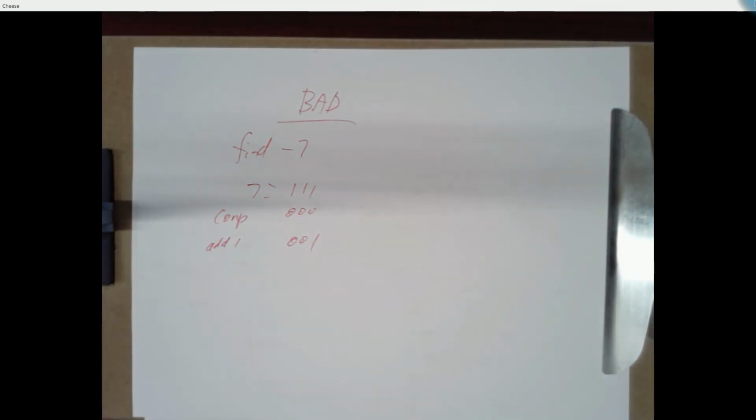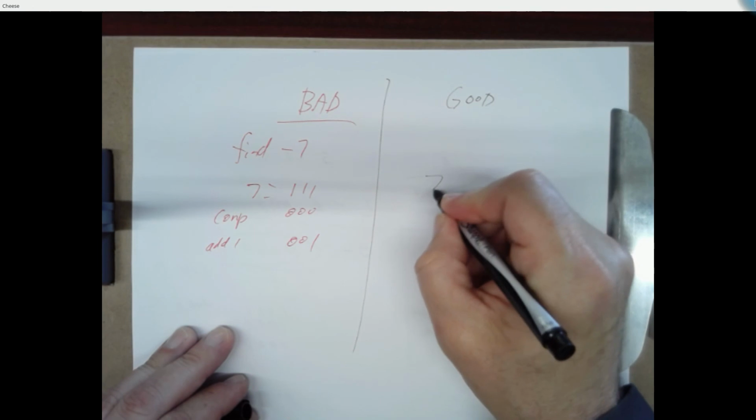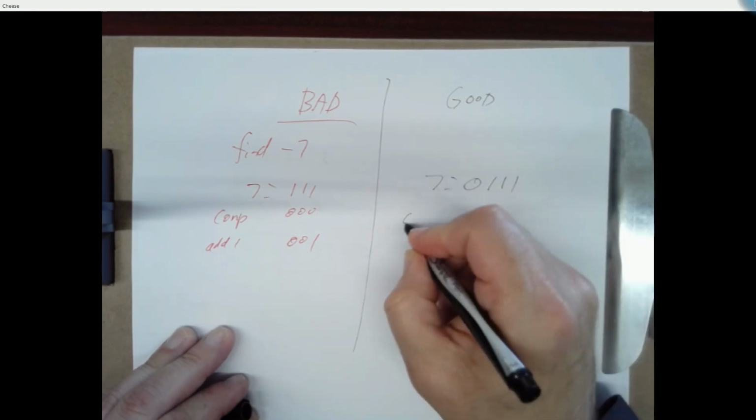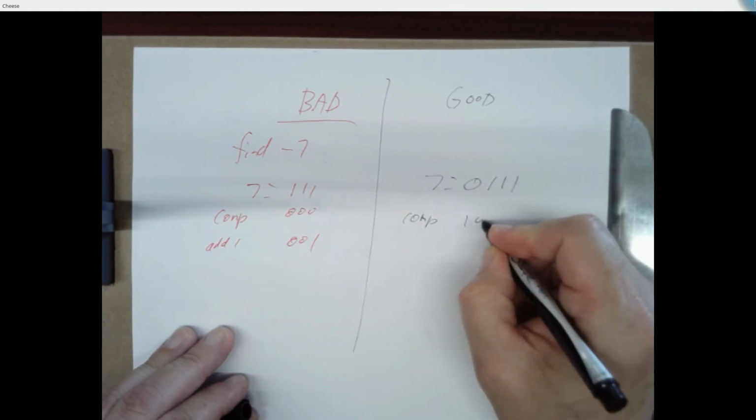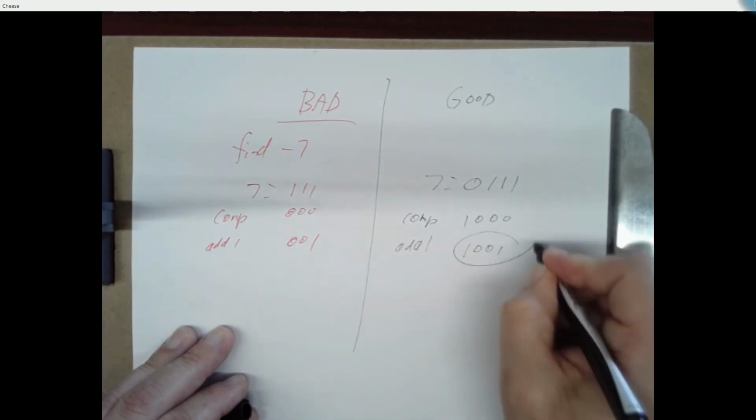That's not -7. You really need 7 equals this. Complement it. Add 1. That's -7.